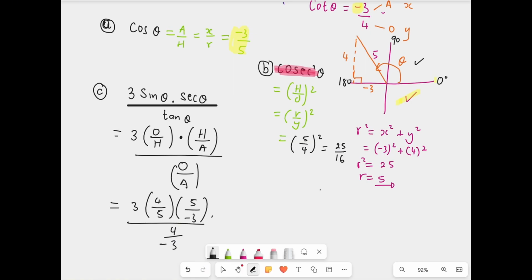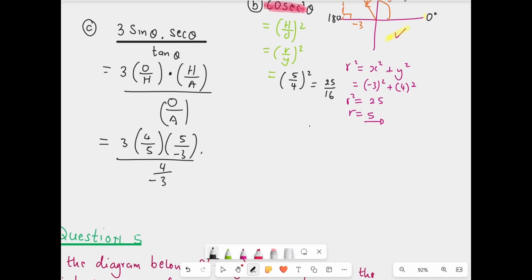Now, from here, we can simplify. We can see that 5 and 5 will divide. 3 and 3 will divide. So in the numerator, we will remain with -4, and then divided by 4 over -3. And then we can change this division to multiplication.